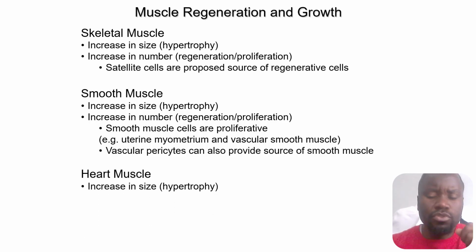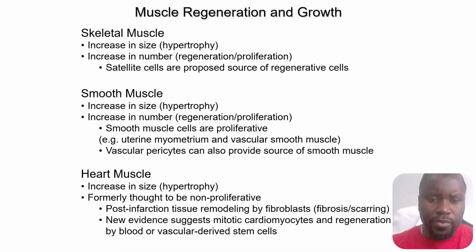The heart muscle also can increase in size, and as a result of the increase in the size of the cells, this is called hypertrophy. These were formerly thought to be non-proliferative, that they cannot regenerate.